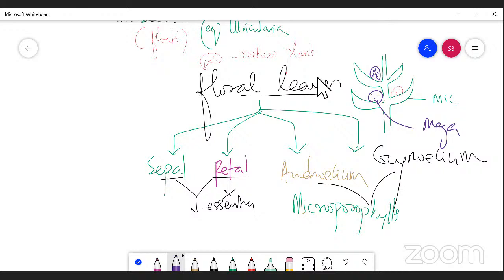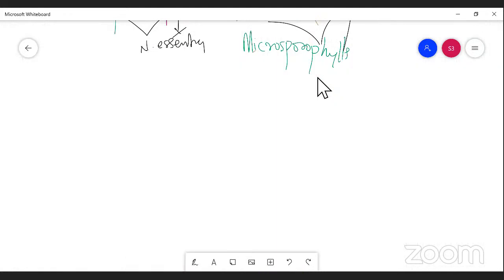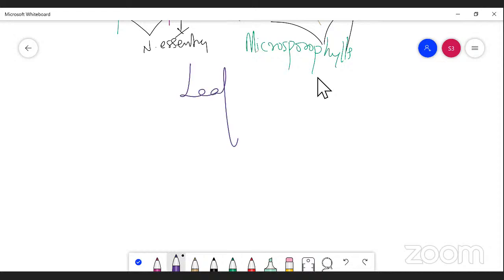Okay, next we pass on to duration of leaf. Last topic, my dear students. This is the last topic in vegetative morphology, right? Leaf duration. Based on their duration, leaves are classified into the following types.